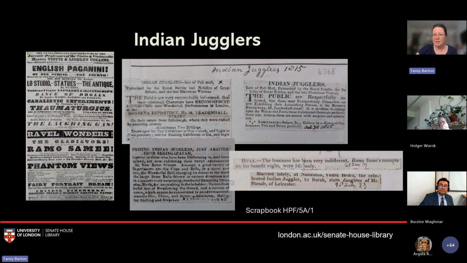And they were described as jugglers. This was a common name for entertainers using sleight of hand or performing illusion and other magic tricks, rather than, strictly speaking, just doing juggling with balls or other equipment.